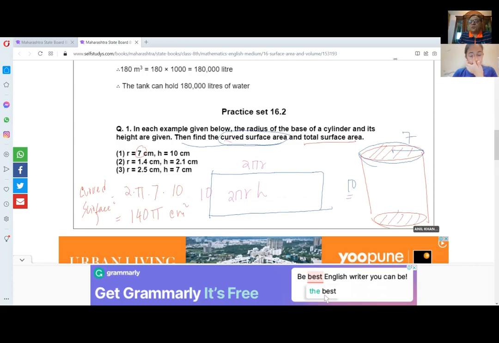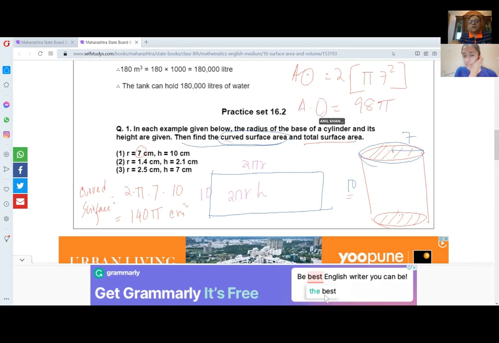Those are pi r square and pi r square, right? There are two circles, so we multiply by 2: 2 pi r square, with radius 7 squared. So we have 2 times 49, that is 98 pi. We'll add these two areas to the curved surface to get the total surface area.